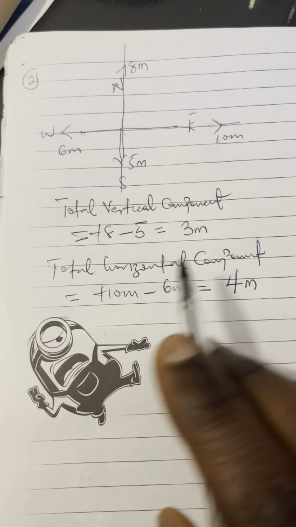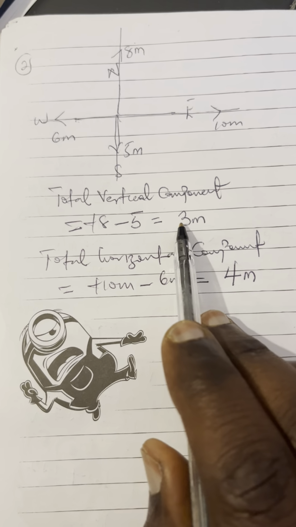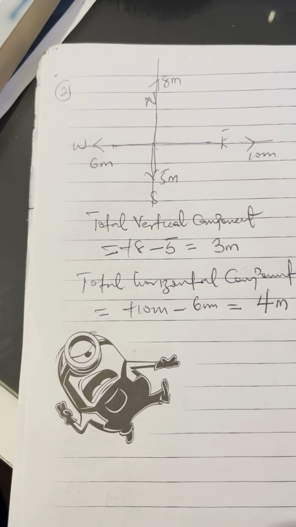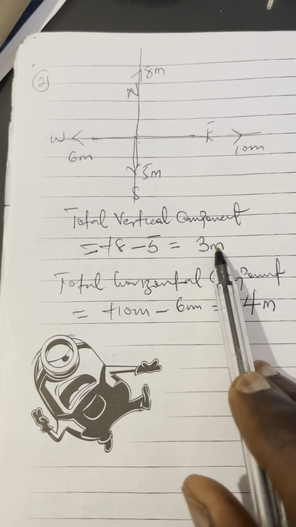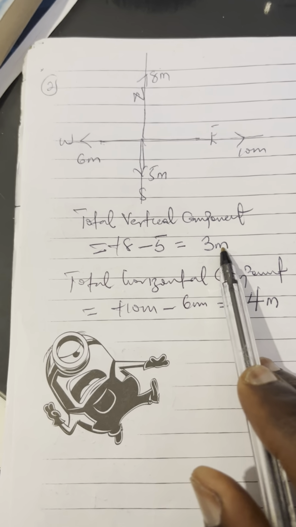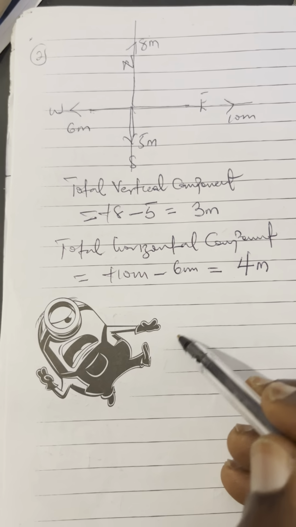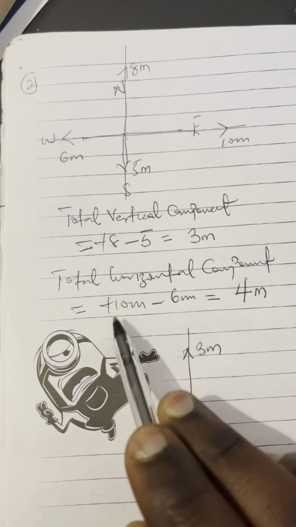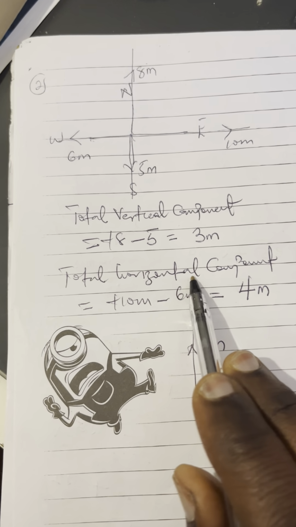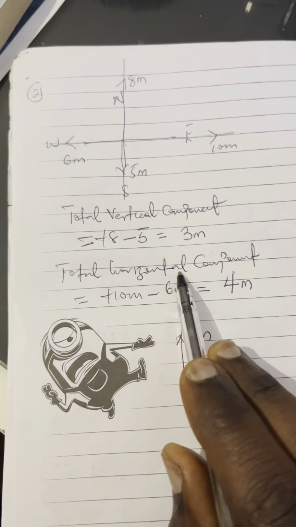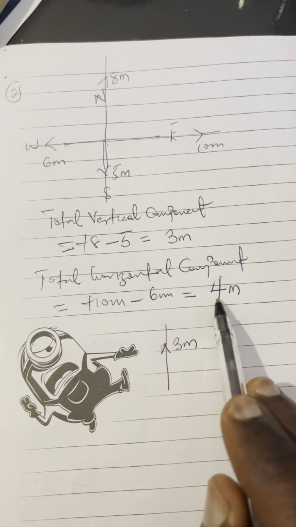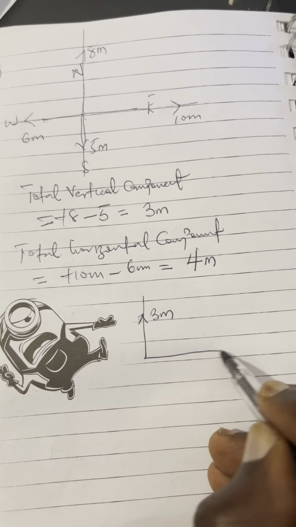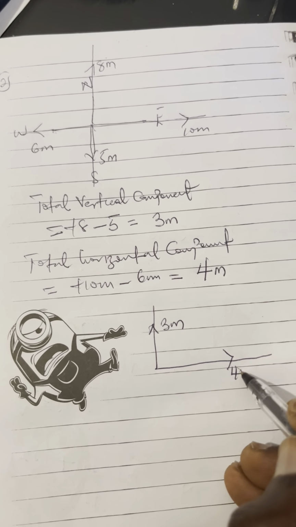Having found the vertical component, which is 3 meter, and it is positive, that means the total vertical component is on the positive y Cartesian, which is 3 meter, while the horizontal component is on the positive x component, because we have plus 4. So it is positive x component, which is 4 meter.